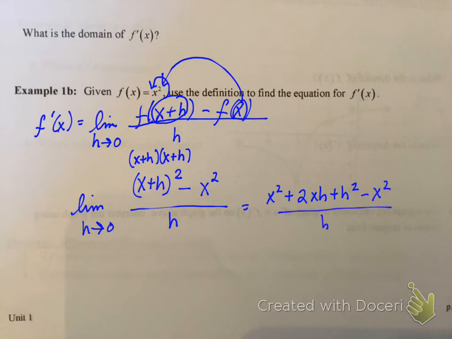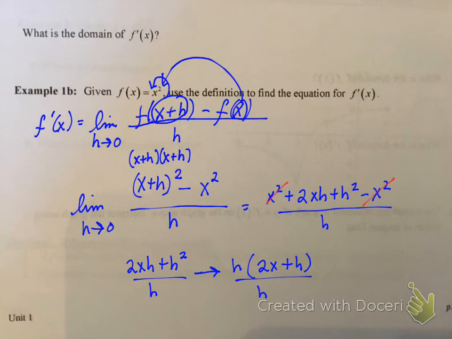At this point, the x squareds are going to go away, so I'm left with 2xh plus h squared all over h. Now I can factor out an h. So if I factor out an h, I have 2x plus h all over h. And now I can reduce that down, and I have the limit as h is approaching 0 of 2x plus h. So now all I have to do is plug and chug.